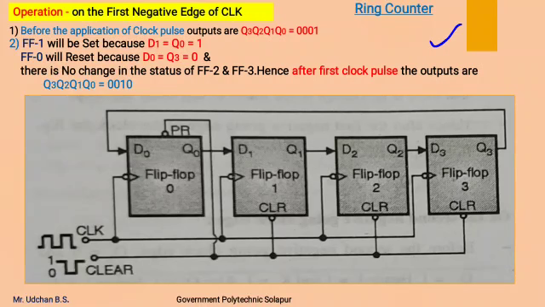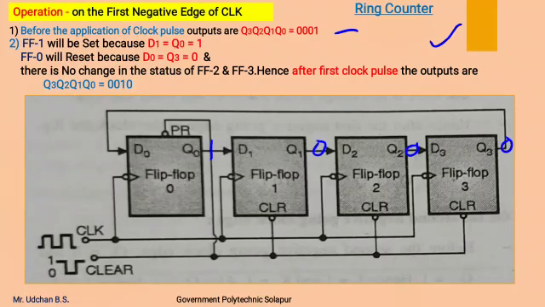Before the application of the clock pulse, the outputs are 0, 0, 0, 1. I will write the outputs of each flip-flop: Q3 is 0, Q2 is 0, Q1 is 0 and Q0 is 1. Now we will see what will happen after the first negative edge of the clock pulse.